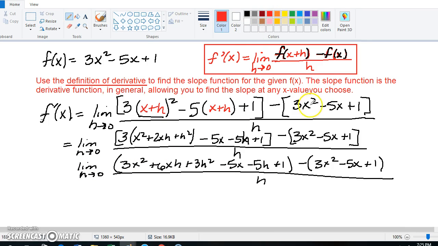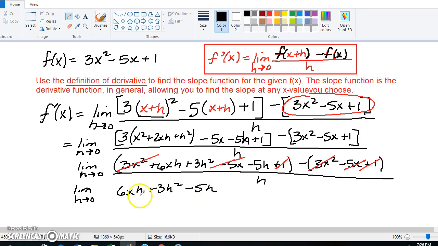Okay, remember when I said earlier in the course that f of x always drops out? And it does. So what do we have left? We have the limit as h approaches 0 of 6xh plus 3h squared minus 5h all over h. I'm going to go one more step. For those who need this step, I encourage you to do it so you don't mess up the algebra of this.